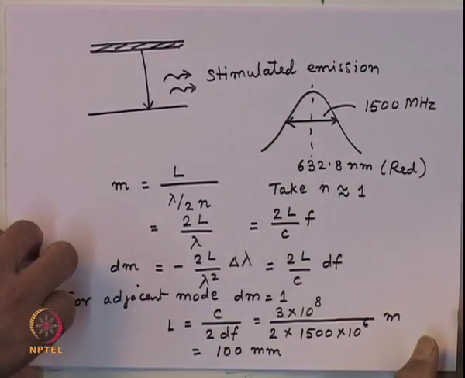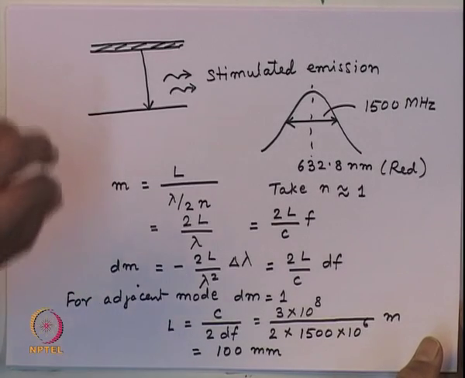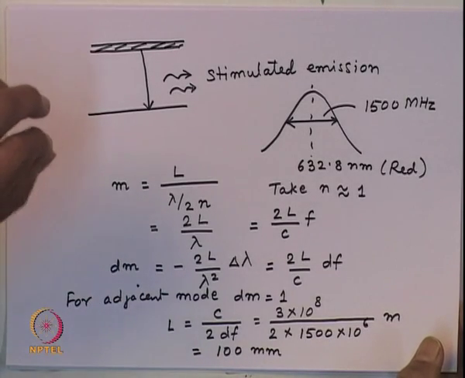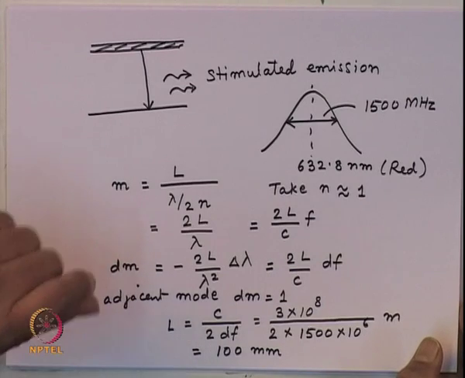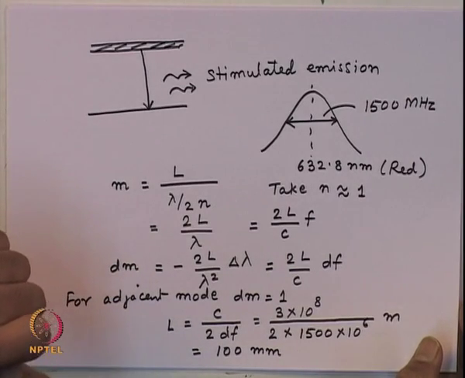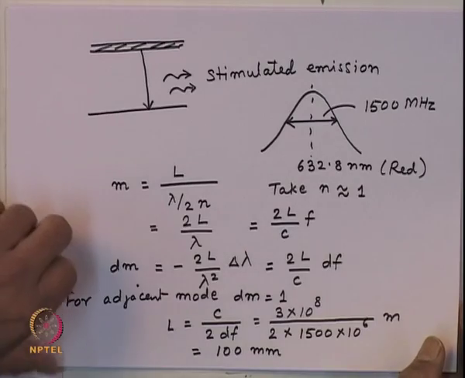So, now the question we are asking is how accurate the temperature should be maintained, so that we do not have a deviation in the frequency of more than 10 to the power 8 hertz.